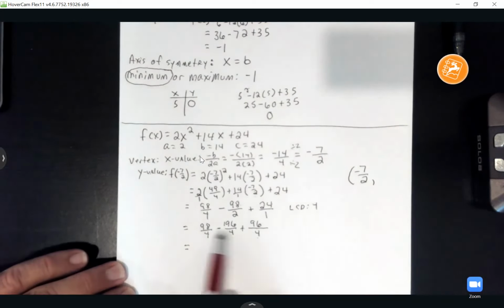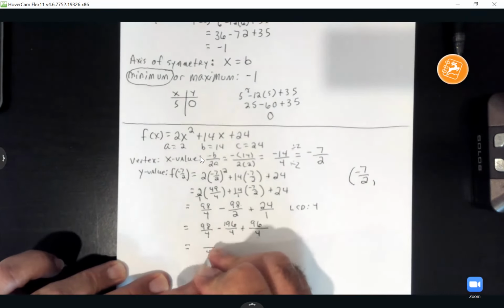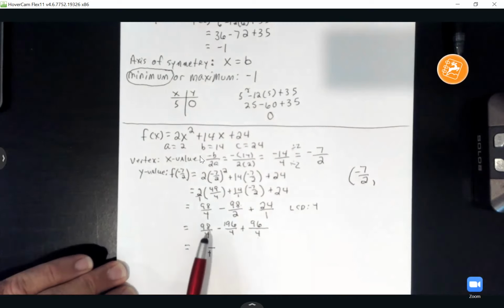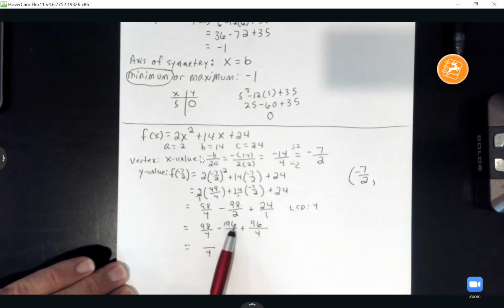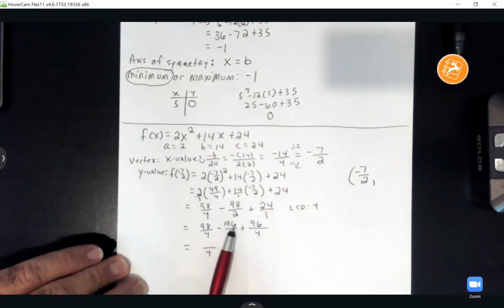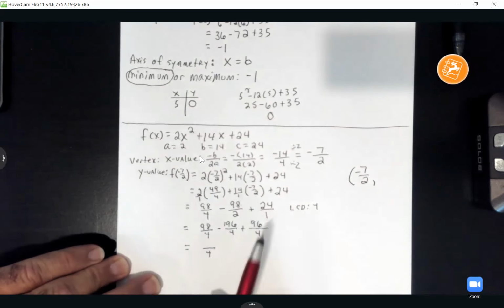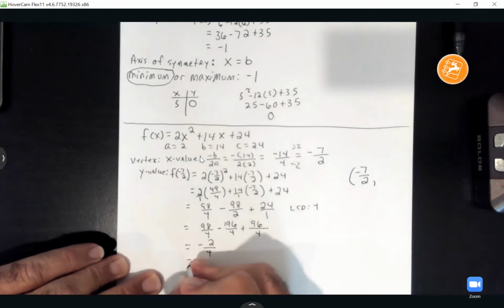All righty, so what we're going to do at this moment, the bottom's going to be a 4. I got to figure out what's going to be on the top. So 98 minus 196 is a -98. -98 plus 96 is a -2.